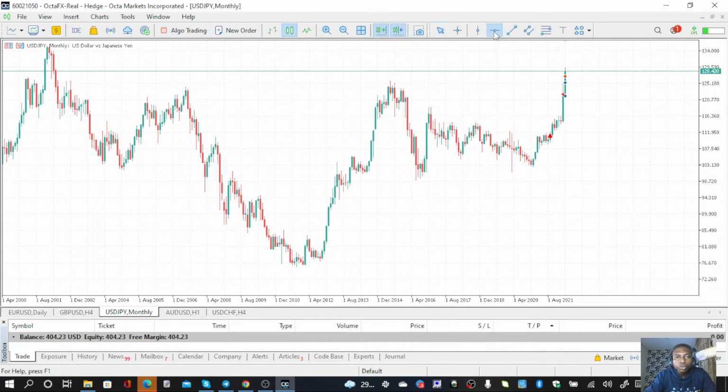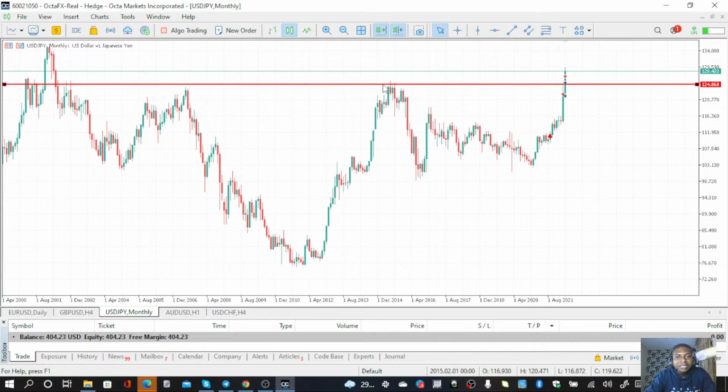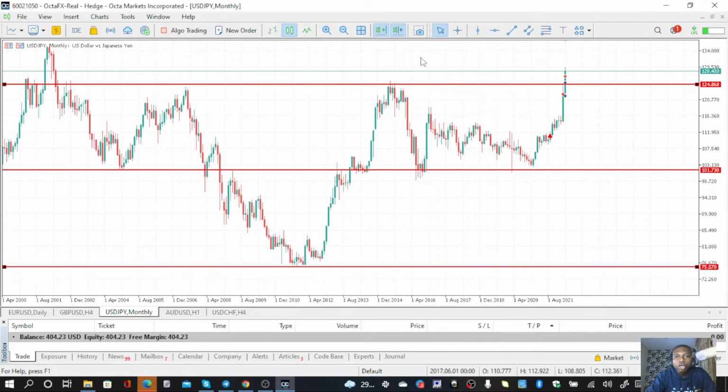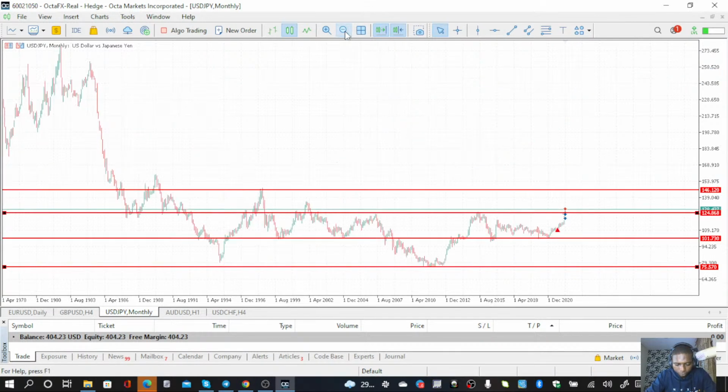Now, the second thing we want to do is map out the minor and major support and resistance levels. You want to know what level the market is currently at, so you map out the resistance and support levels that you can see.